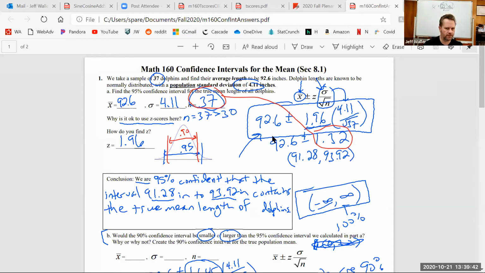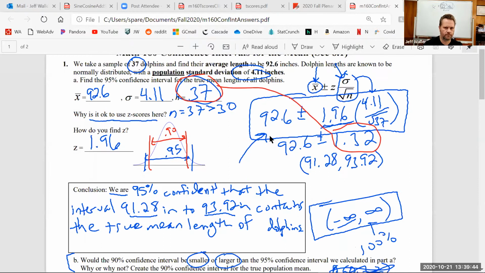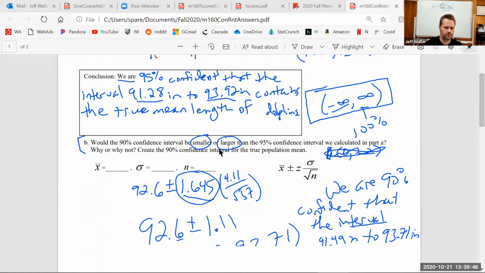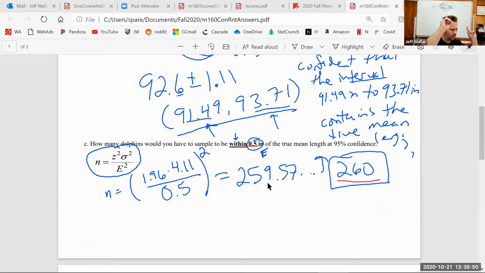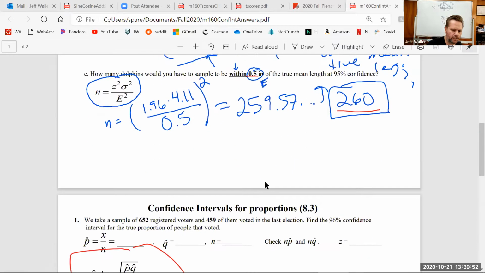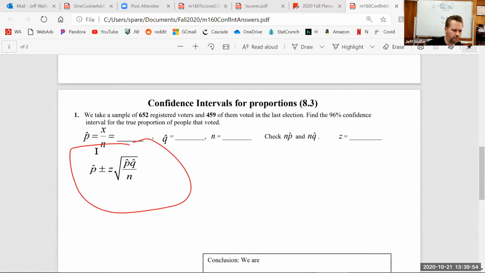Remember the dolphins and all that kind of stuff? We did all this, and then I went to the board and created another confidence interval formula. These formulas all have very similar looks.